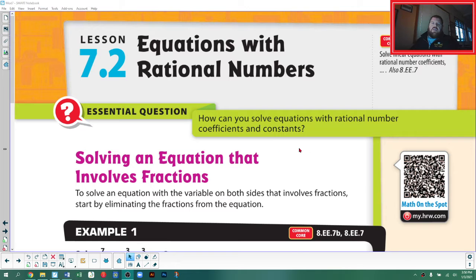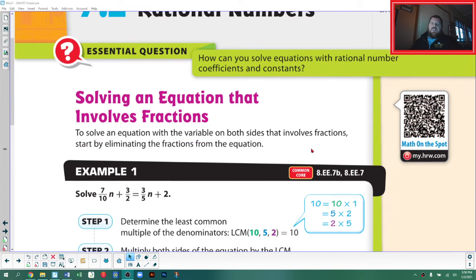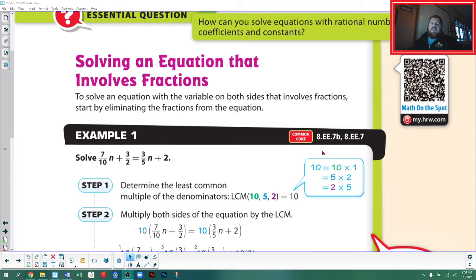The first one here talks about solving an equation that involves fractions. And this is a very common strategy, but it says to solve an equation with the variable on both sides that involves fractions. One way that you can start, it says to kind of start like that's the only way that you can do it. It's not the only way.